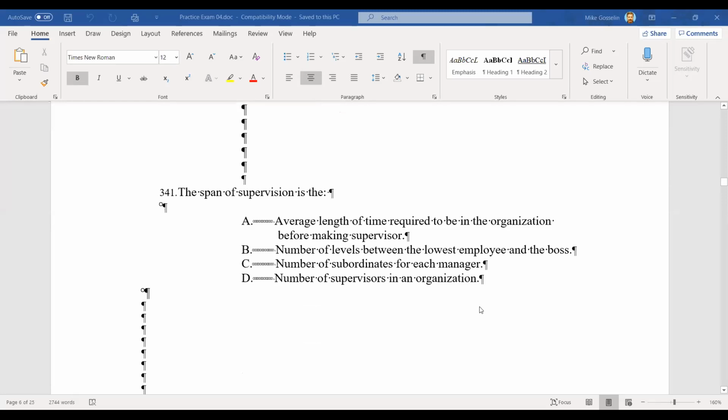Especially on the level 2 exam, there'll be similar questions like this, just so you have level 2, 3, and 4, you're getting into different aspects of the job. So they throw in questions like this.